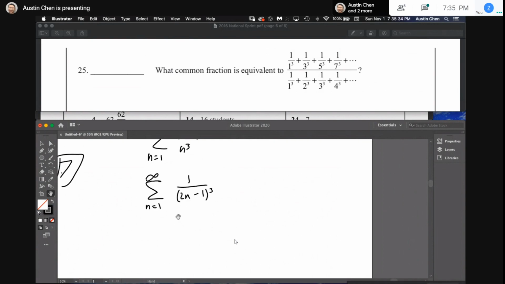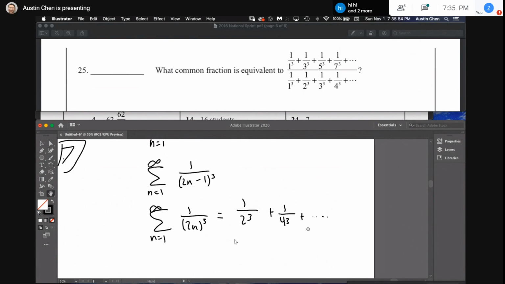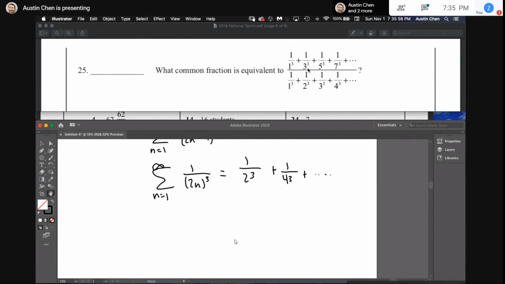What we can do is also make a summation for n equals 1 to infinity of 1 over (2n) cubed. So what is this the sum of? This is 1 over 2 cubed plus 1 over 4 cubed plus dot dot dot, right? Okay, so what is the sum on top going to be?